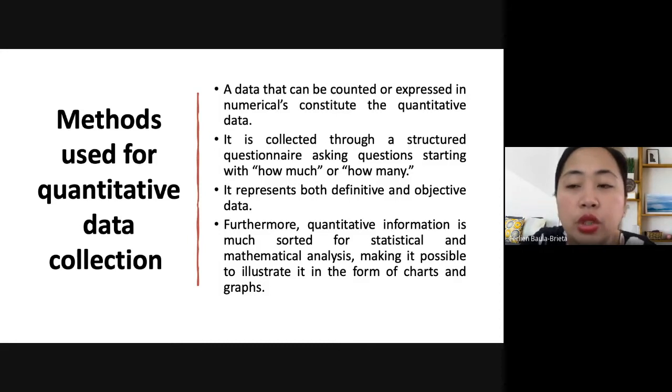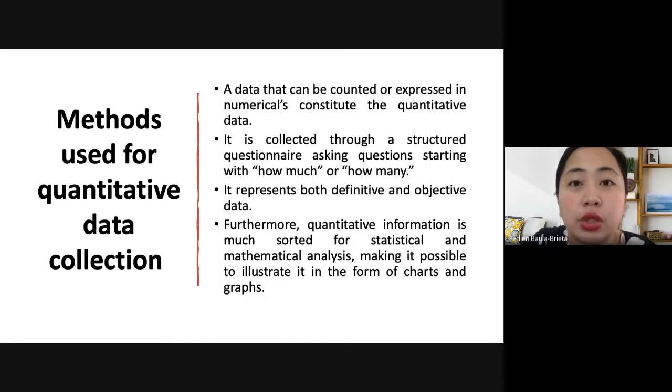Asking questions starting with how much or how many is an attribute of a quantitative data collection. So it represents both definite and objective data.